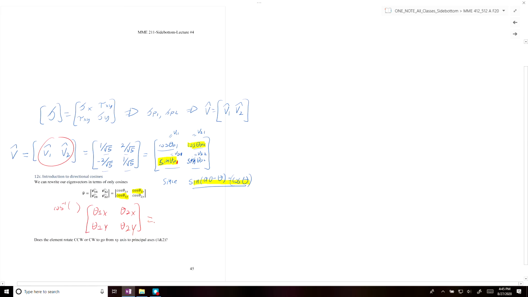If we do that, we get these values: 63.4 degrees, 26.6 degrees, 153.6 degrees, and 64.4 degrees.